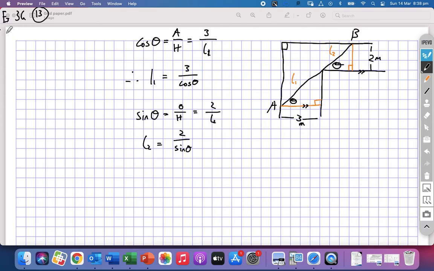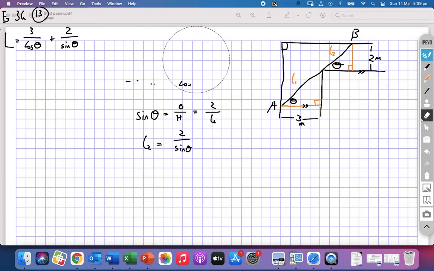So my length expression is 3 on cos theta plus 2 on sine theta, and that gives me the length of the tube based on that angle and these corridor widths.